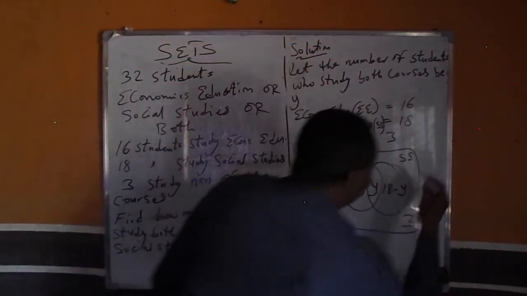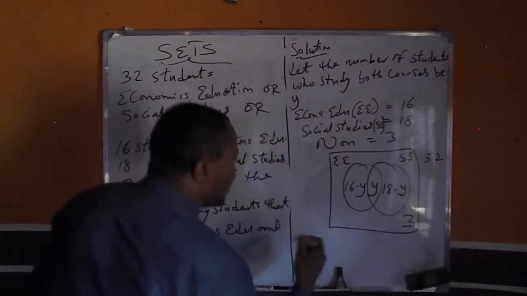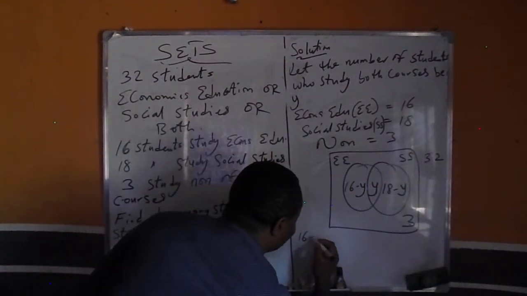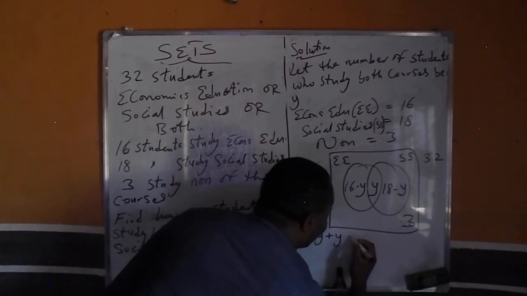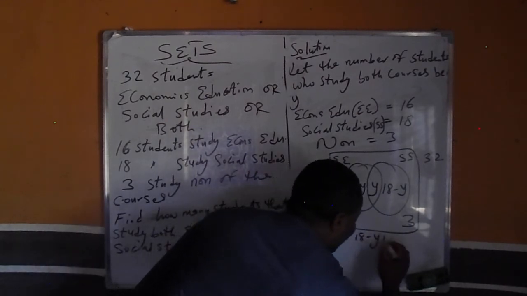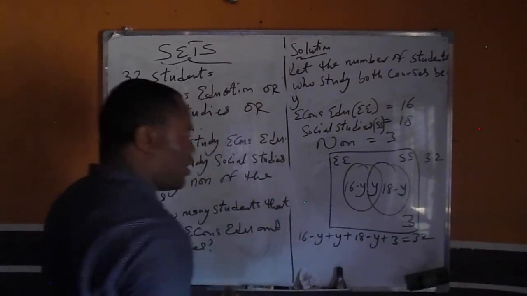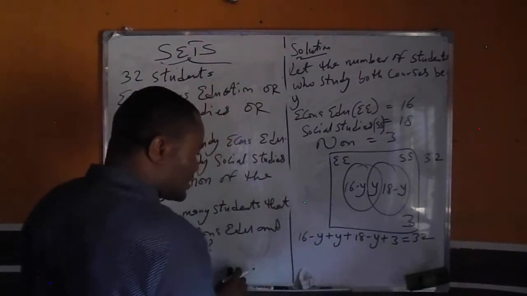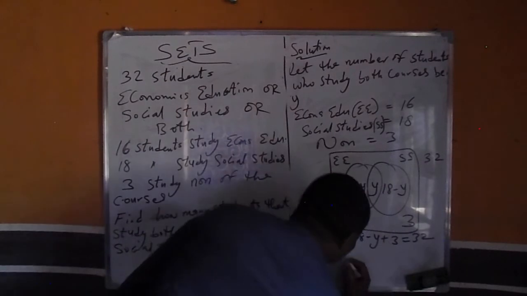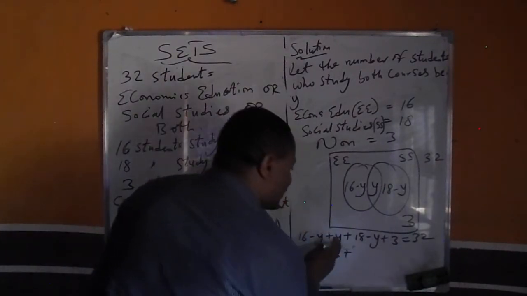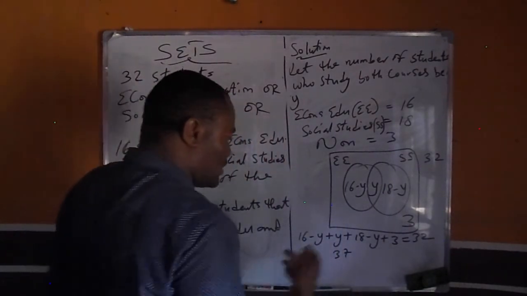And the total number is what? 32. You now say 16 minus y plus 18 minus y plus 3 equals to 32. 16 plus 18, 34, plus 3, 37. Minus y plus y will give us nothing.